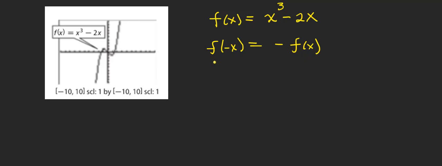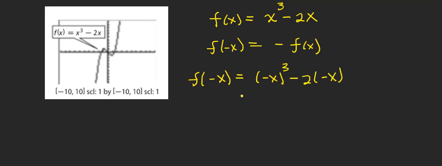So let's see what happens. Let's plug in negative x instead of x. And you will get negative x cubed plus 2x. Now, remember, if you take out the negative, you get negative quantity x cubed minus 2x.